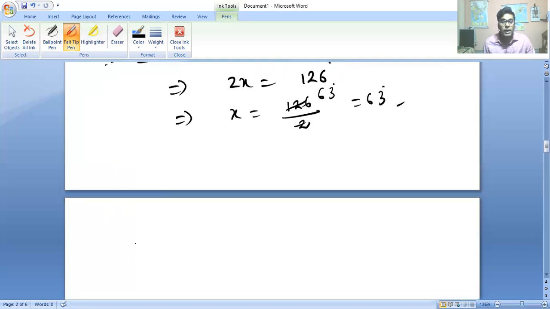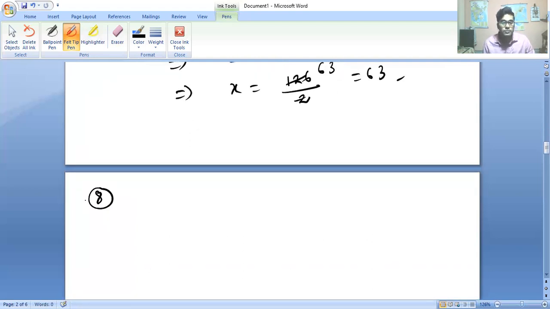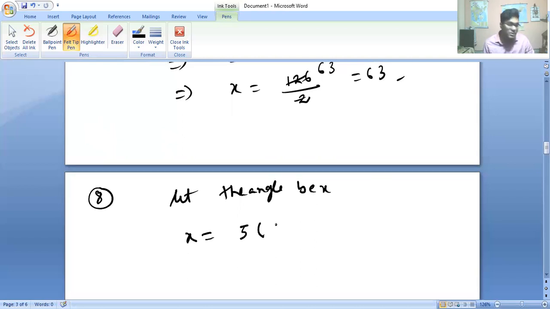Let us do question number 8. Find the angle which is 5 times its supplement. Very easy, so I'm doing it directly. Let the angle be x. So x will be equal to 5 times its supplement.